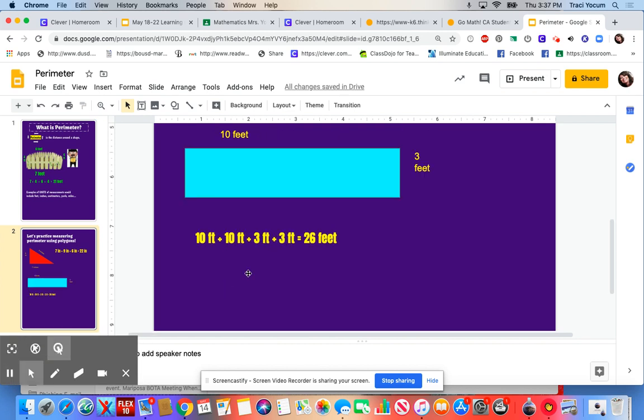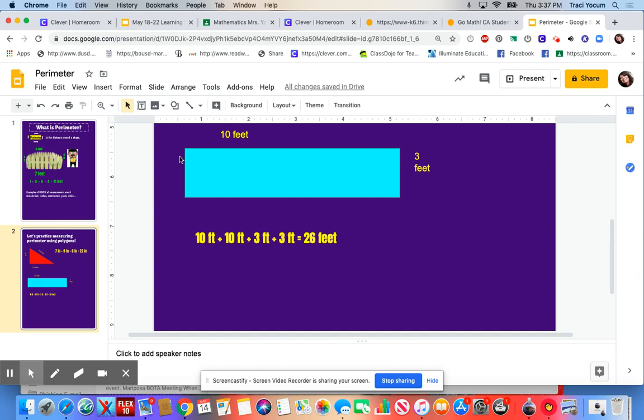So now we're going to practice measuring perimeter on a rectangle. Now, this rectangle I'm looking at has only two measurements. But I also know that a rectangle is a four-sided figure. And we have previously learned that it has two sets of parallel sides. Therefore, I know that if this side is 10 feet, the opposite side is also 10 feet. Same going with 3 feet plus 3 feet.